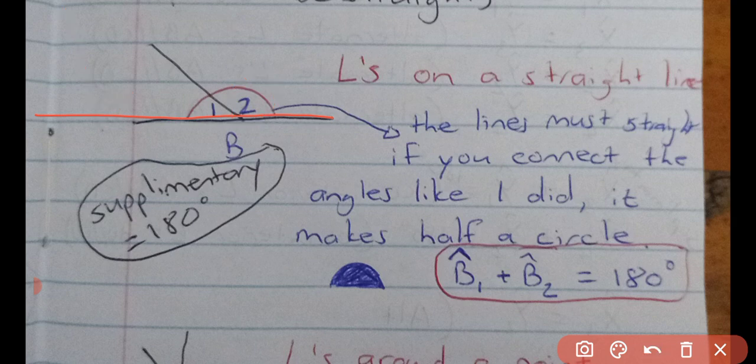To know whether you can use this, you must have a half circle. And then how to use it, you say B1 plus B2 equals 180 degrees, like I've got over here. Okay, so that is angles on a straight line.